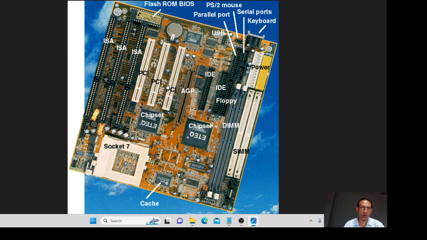The new latest boards are onboard with PS2 mouse and PS2 keyboard ports.